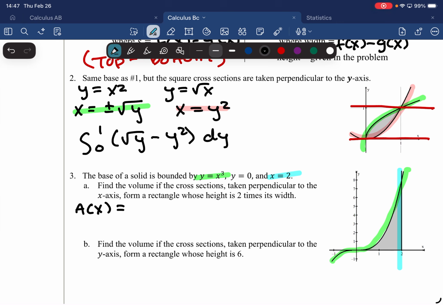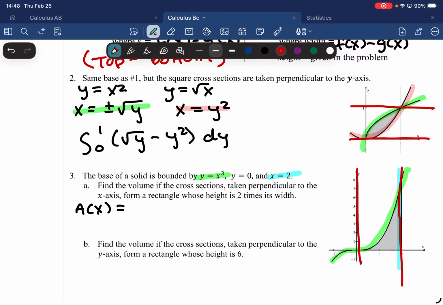But in this case, the width part, there's not really a function to align it with, because if we're looking here, from 0 to 2, because it's in the x, notice that there's not a function on the top or the bottom.